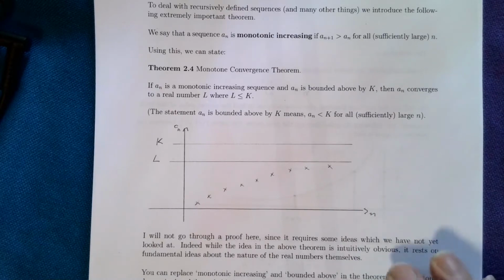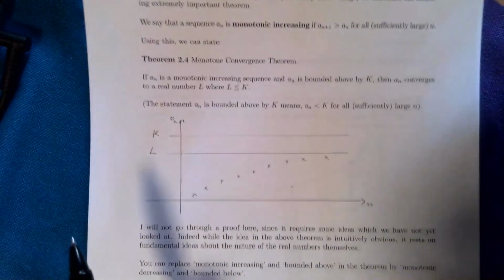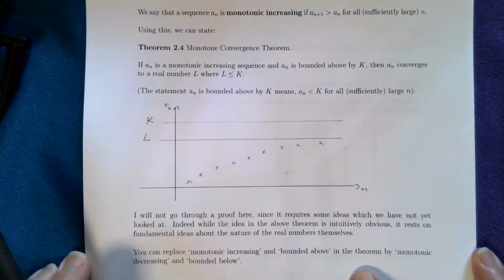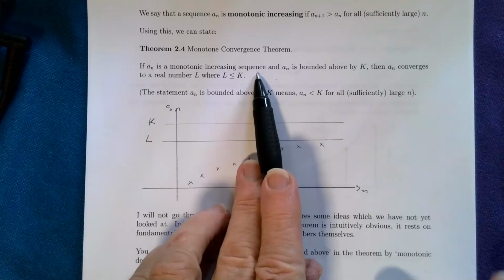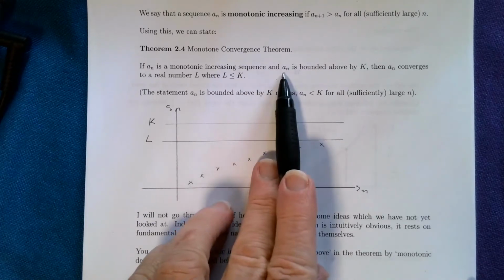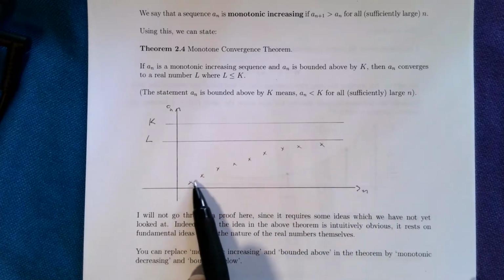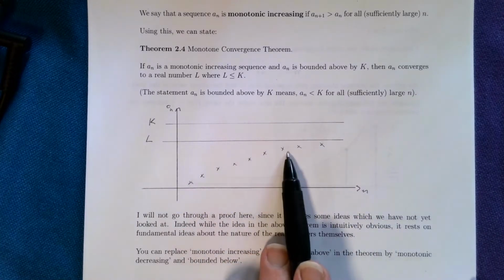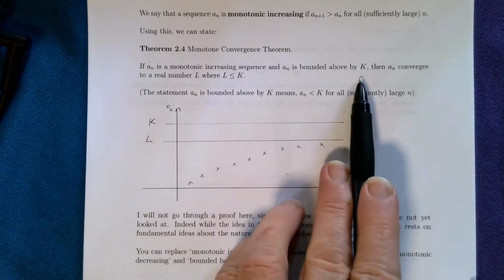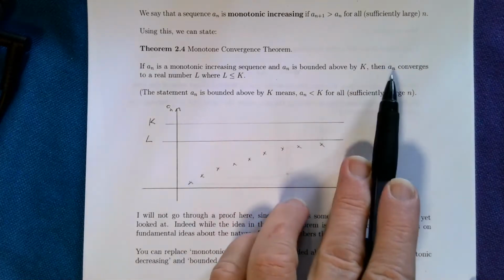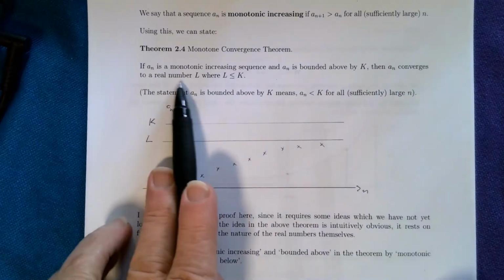And I'm going to state without proof the following very important theorem called the monotone convergence theorem. If a_n is a monotonic increasing sequence, and there's a brick wall up here somewhere, so the sequence is getting bigger and bigger and bigger, but it's bounded above. There's a brick wall here at K. Then the theorem says that this a_n converges to something.